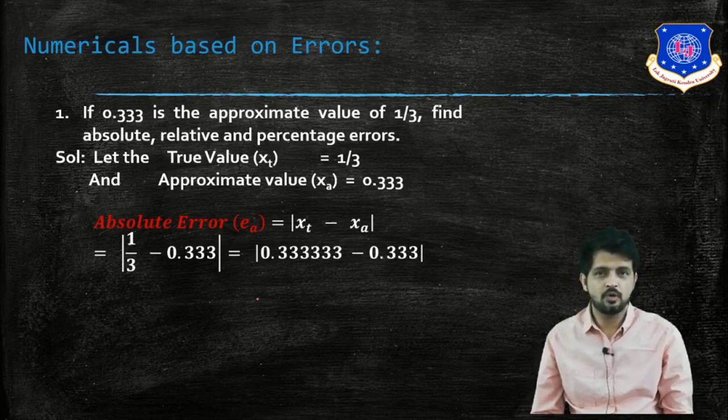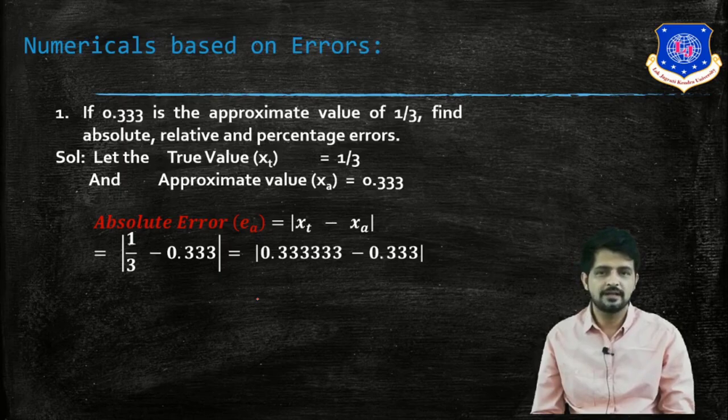So after 6 decimal places, we are considering it as a true value. We can also consider after point we can take 7 values, 8 values, 9 values. It depends on you. So we are considering here the value of 1 by 3 after 6 decimal places to be true value.